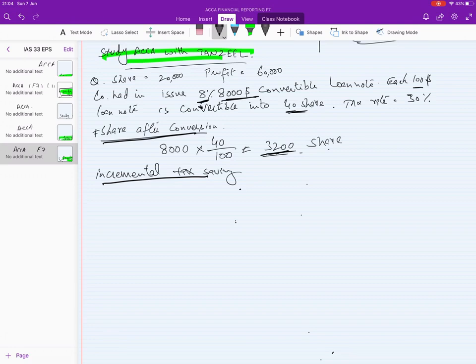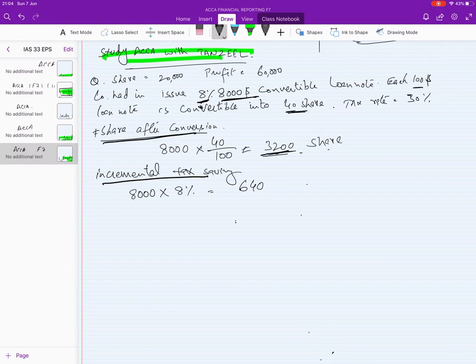You gave them shares instead of cash, and it's being settled now. So you saved your 8% on 8,000. It means you don't have to pay loan interest on 8,000. 8% you saved already. If you calculate this, it will give you 640.